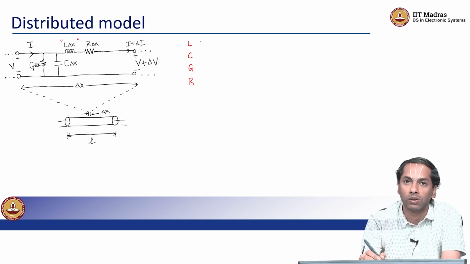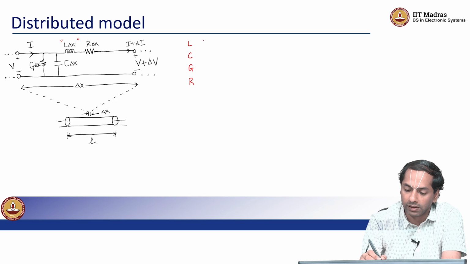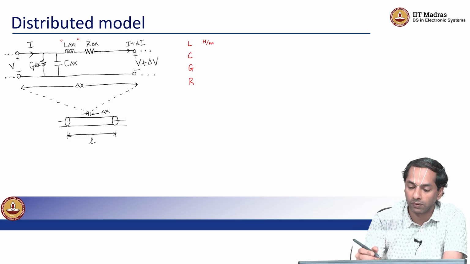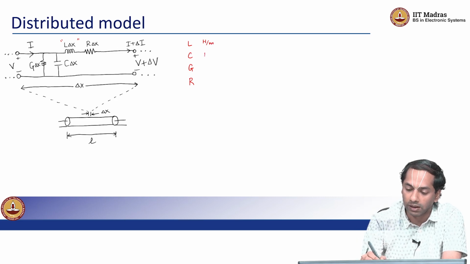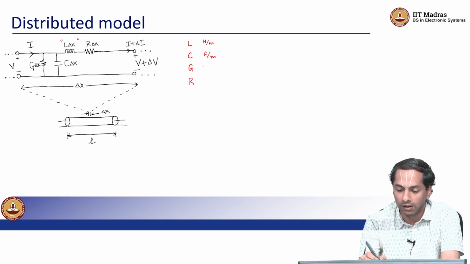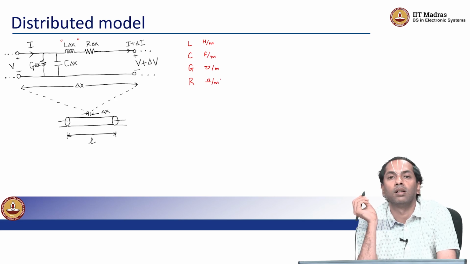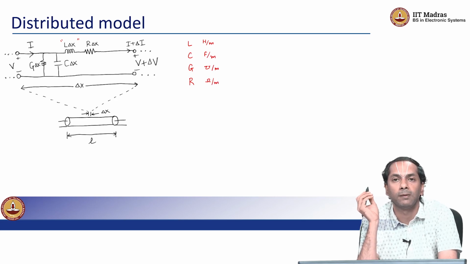Remember, this is only a representation. So L stands for the inductance per unit length. Similarly, C is capacitance per unit length, G is Siemens per unit length, and R is ohms per unit length.